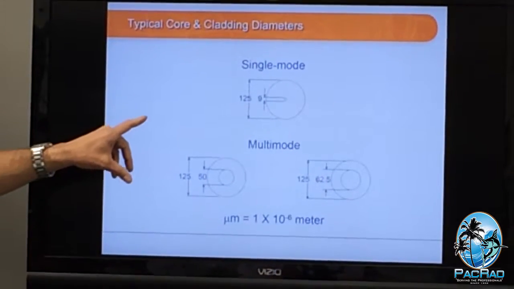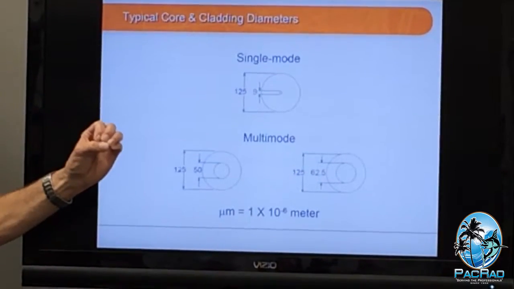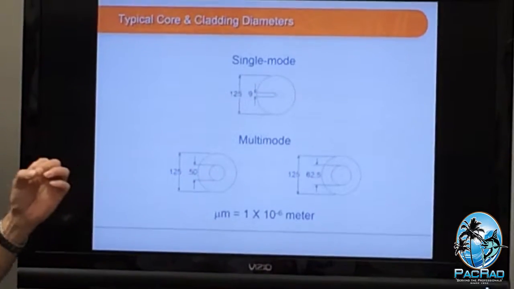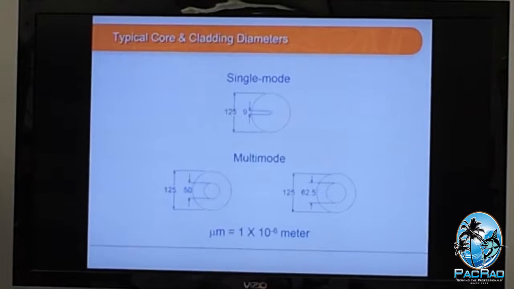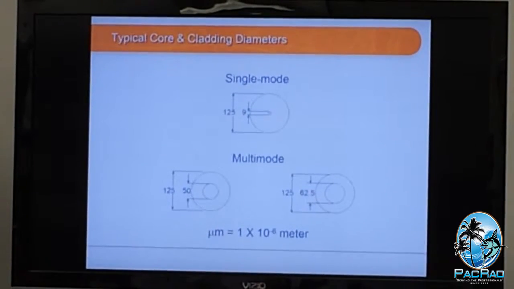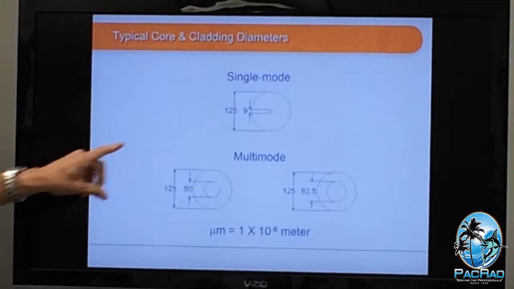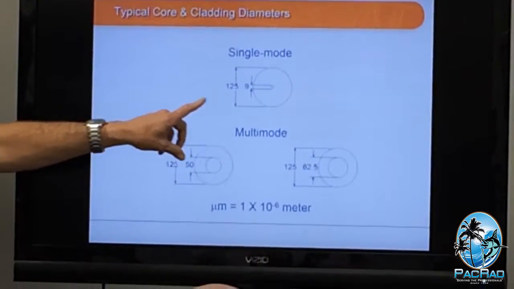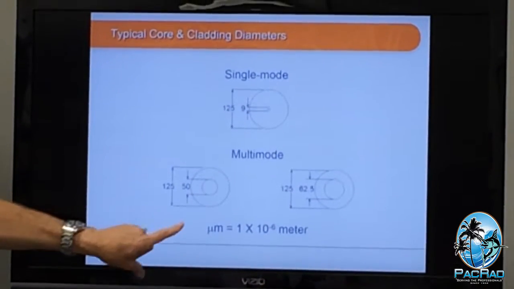But from the very basic portion of the fiber, the cladded fiber, the core and the cladding, just the glass, single mode fiber has a core diameter of 9 microns. Now remember how big I said the human hair was in diameter? 127. So the light carrying portion of a single mode fiber is 9 microns. Then it has the cladding layer, which takes it out to 125 microns in diameter.